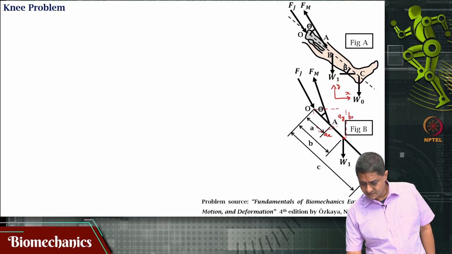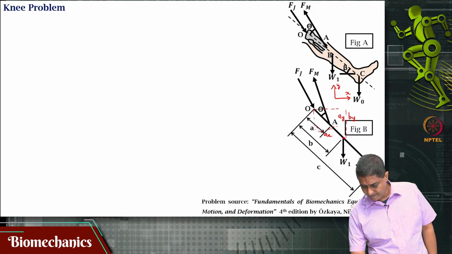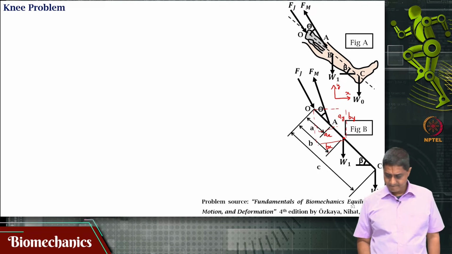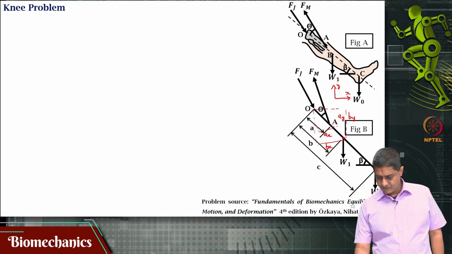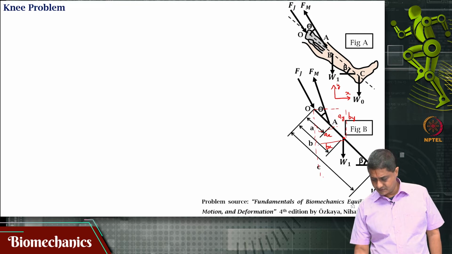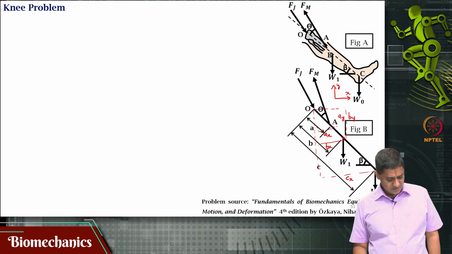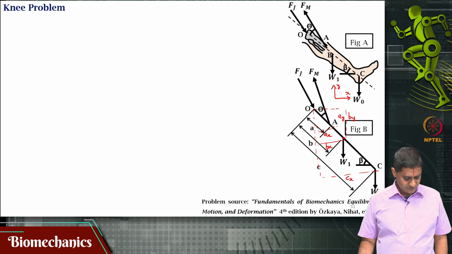For B, that distance is by, and that distance is bx. Of course, I am interested in finding that distance, which is cx.